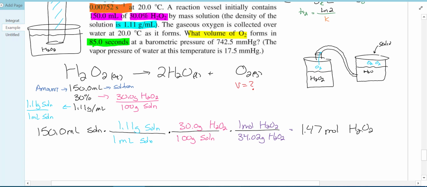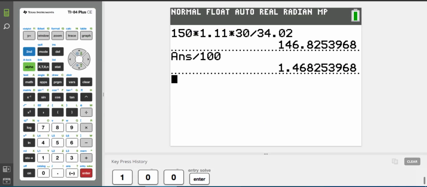I forgot to divide by this 100 in my calculator, and I got 147 moles. That seems like an awful lot, doesn't it? That's a red flag, that probably is not a good answer. Looking at the work, yep, I forgot to divide by 100. That's a good habit to develop.